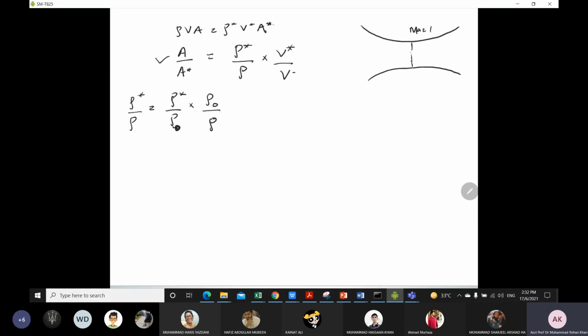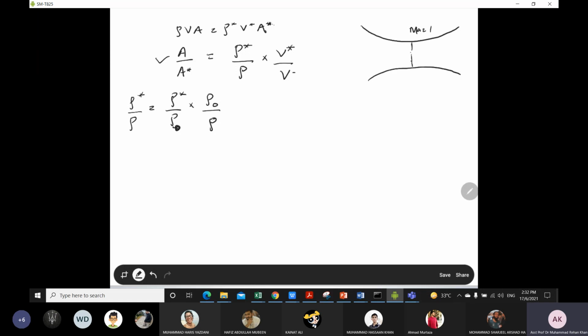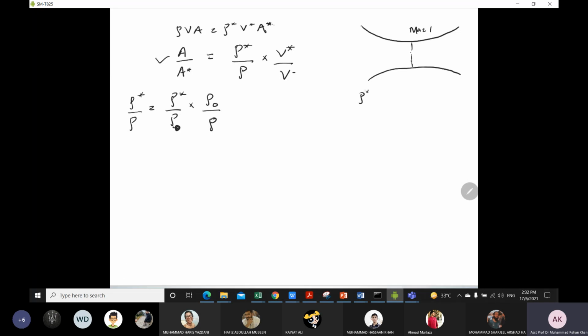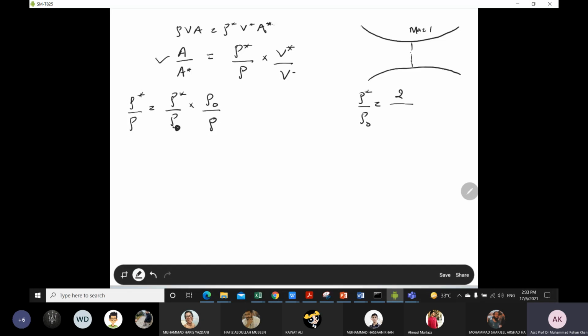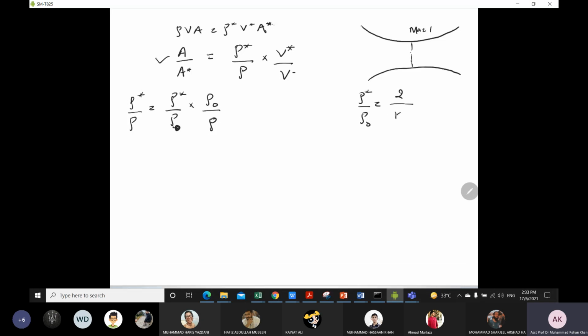If we write this equation this way, the meaning is the same, it becomes rho star by rho. The rho star by rho naught value we have just looked at in the previous slide. If you remember, you can easily get the rho star by rho naught value from the stagnation density equation by putting the Mach number equal to 1. So (2 divided by k plus 1) to the power 1 over k minus 1.